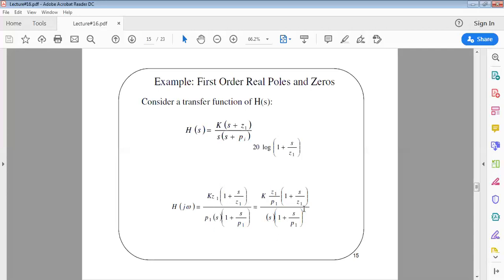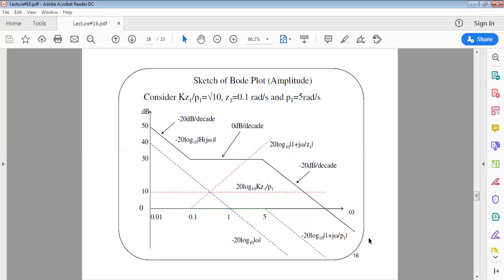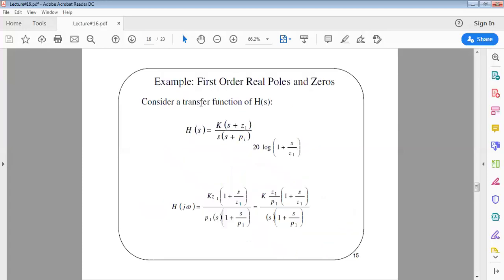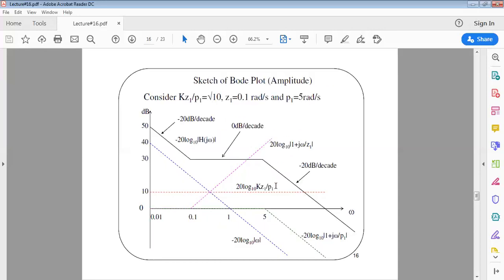Let us proceed with the second step, which is to sketch the individual plots for both the amplitude and the phase. We start with the amplitude plot first. We give a value for the previous constant: K z1 over p1 is equal to 10, z1 is 0.1 radian per second, and p1 is 5 radian per second.